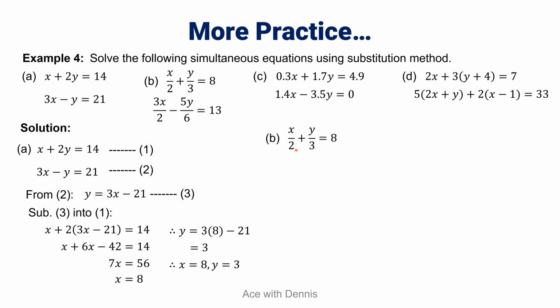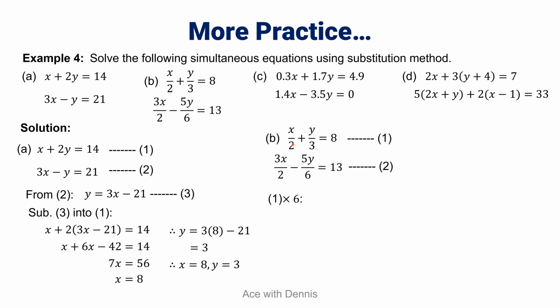So for B, x over 2 plus y over 3 equals 8. And the second equation, 3x over 2 minus 5y over 6 equals 13. This is the first equation, and this is the second equation. Alright, so for the case that involves fractions, what I want to do is make it to be whole numbers, right?